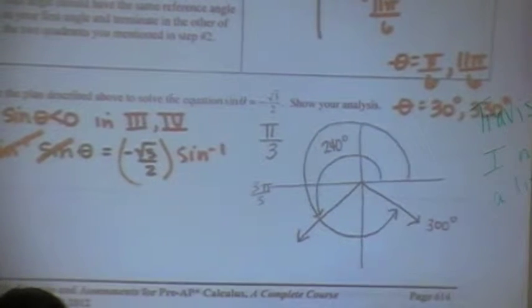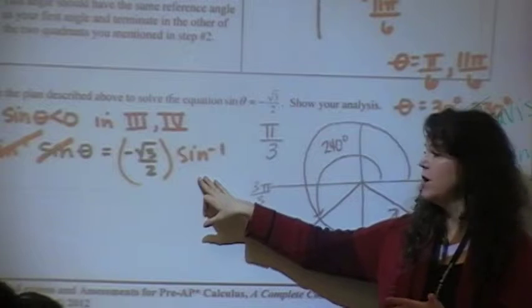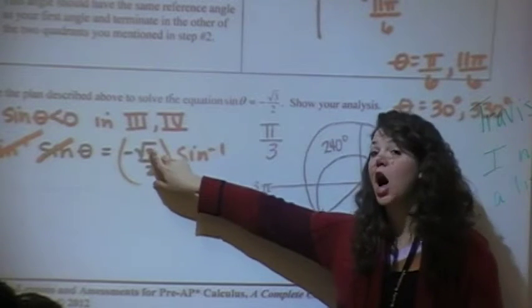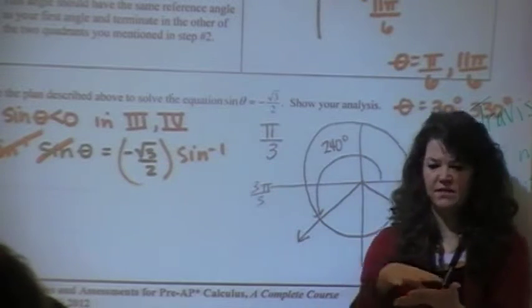Yes? How did I know which part? Okay, because this is sine, and sine is the y value. So I need a 3, because the top number is what your fingers are going to tell you. I need a 3 on bottom because whenever you're looking for your y value, it's your bottom fingers.